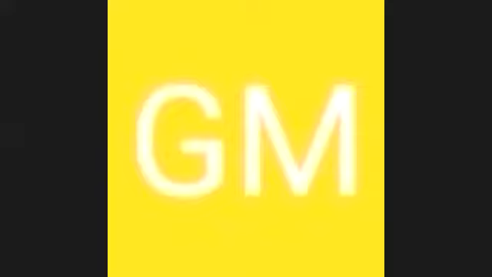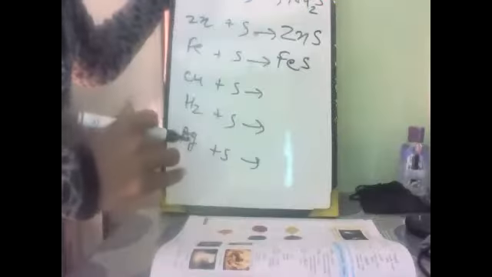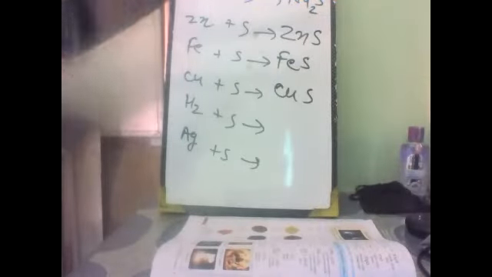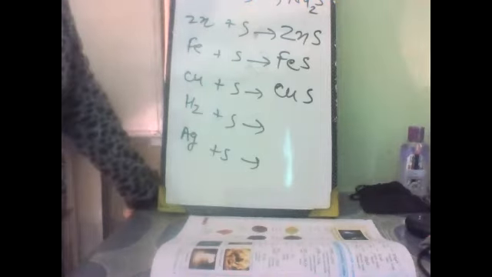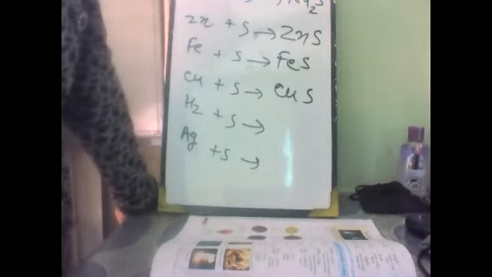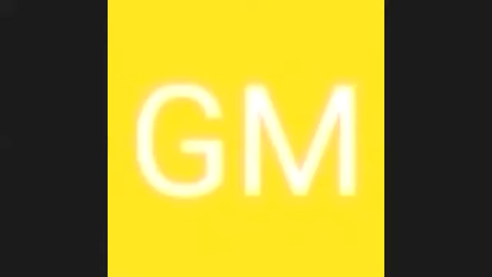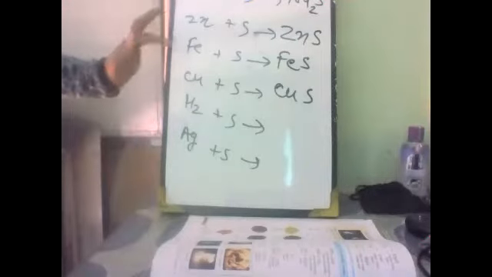When sulfur reacts with iron, it forms FeS, iron sulfide. When it reacts with copper, it forms CuS. How many valencies do iron and copper have? Ma'am, please repeat the question.